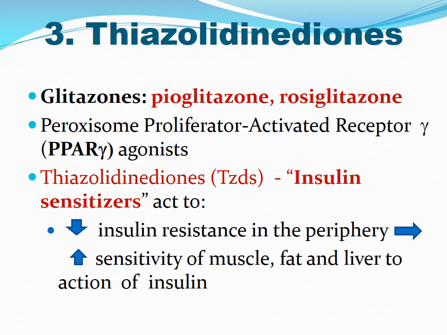Their mechanism of action is that they act as peroxisome proliferator-activated receptor gamma agonists. They are insulin sensitizers and act to decrease insulin resistance in the periphery, or increase sensitivity of muscle, fat, and liver to the action of insulin.